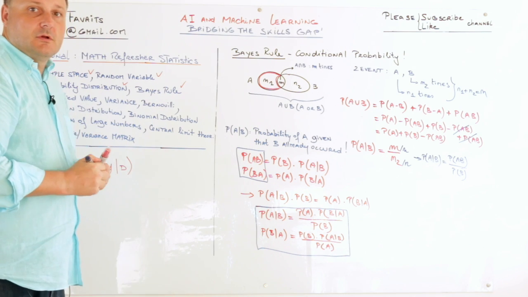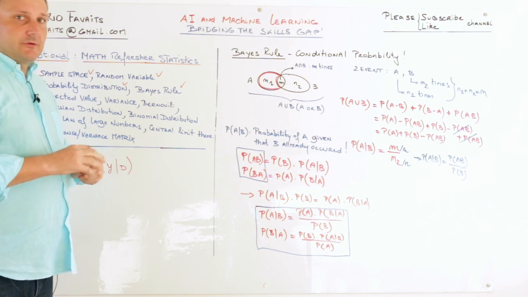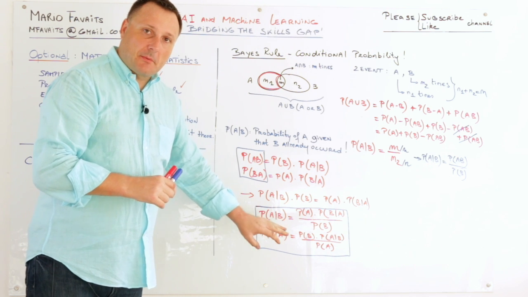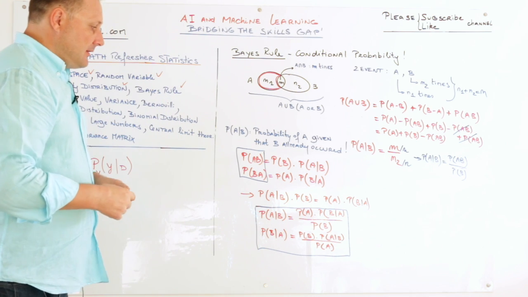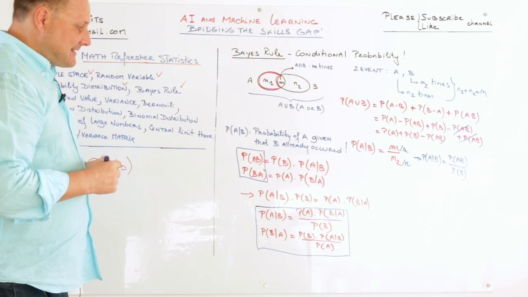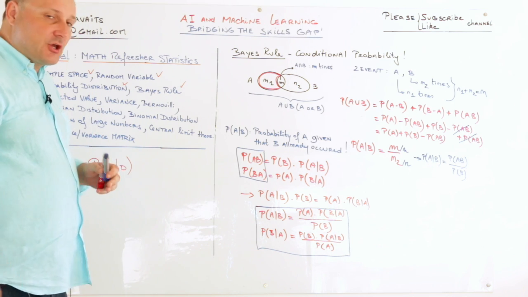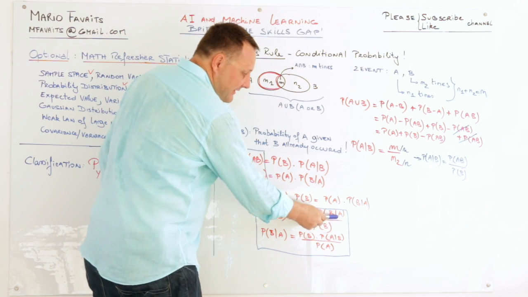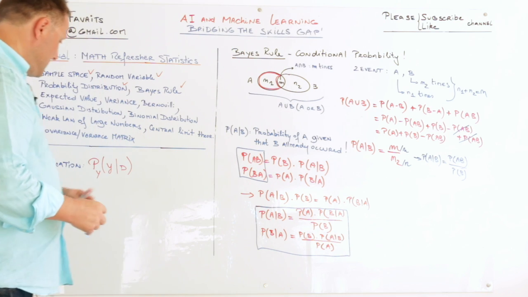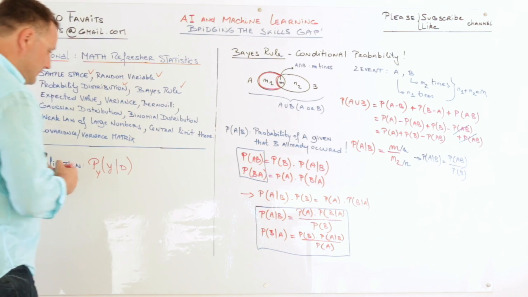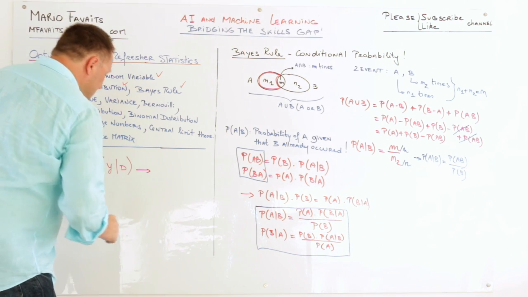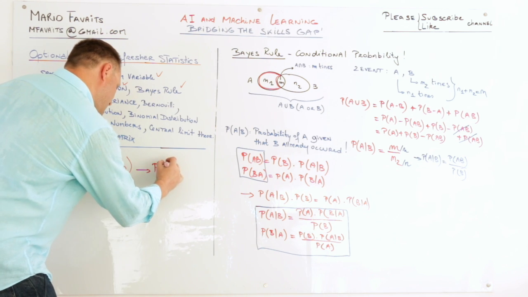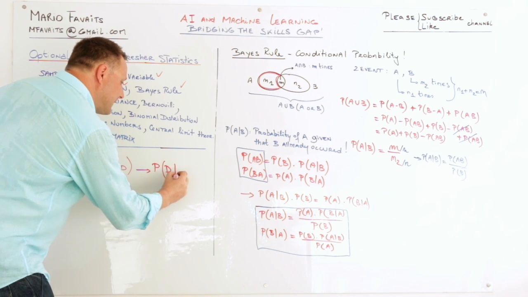This is Bayes' rule. Very important to understand. It's about conditional probabilities. But the nice thing is that it basically couples A given B with B given A. So that means an alternative for this is that we are looking for the data given the label.